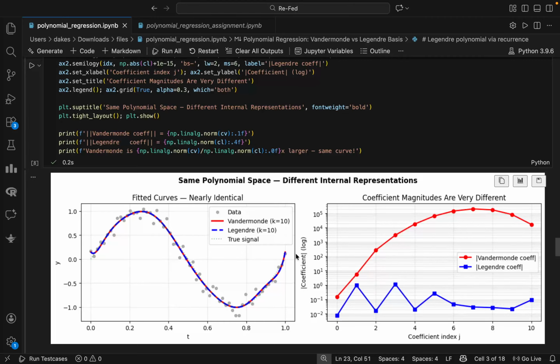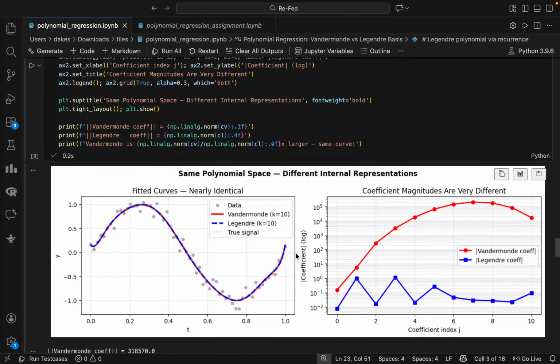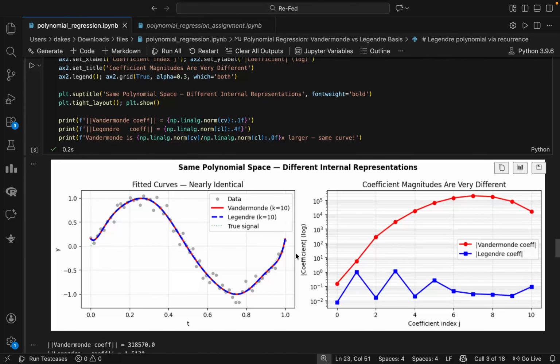The magnitude of the Vandermonde coefficients are thousands of times larger than the Legendre coefficients. Same polynomial space, same curve, completely different internal coordinates, and Vandermonde coordinates are very fragile. A tiny data change, and we see a huge coefficient swing.